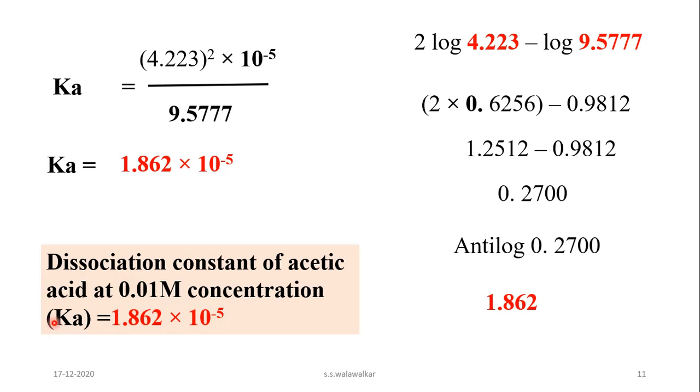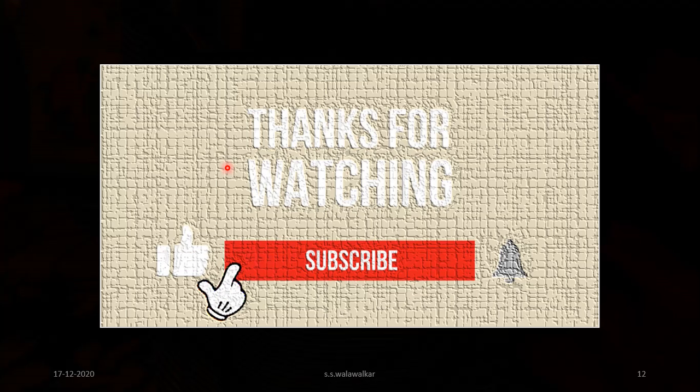That is the dissociation constant of the weak acid, acetic acid, at 0.01 molar concentration. And alpha that we have already calculated is 0.04223. Like this you can solve numerical problems based on dissociation constant, degree of dissociation and molar conductivity at a given concentration and molar conductivity at zero concentration. So thank you.